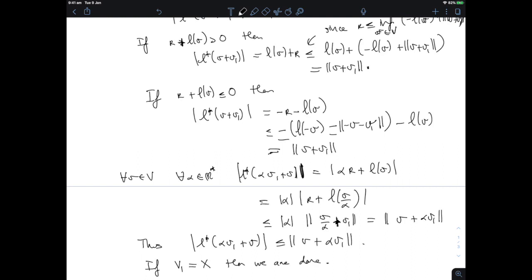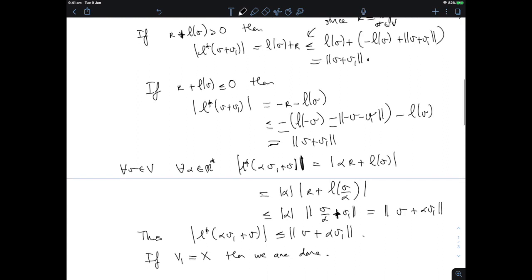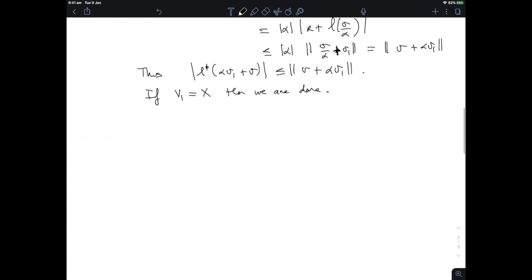Now, if it's not, then we're going to iterate the process, get V2, V3, and so on. Now, by induction, if X is separable, the theorem is proven.